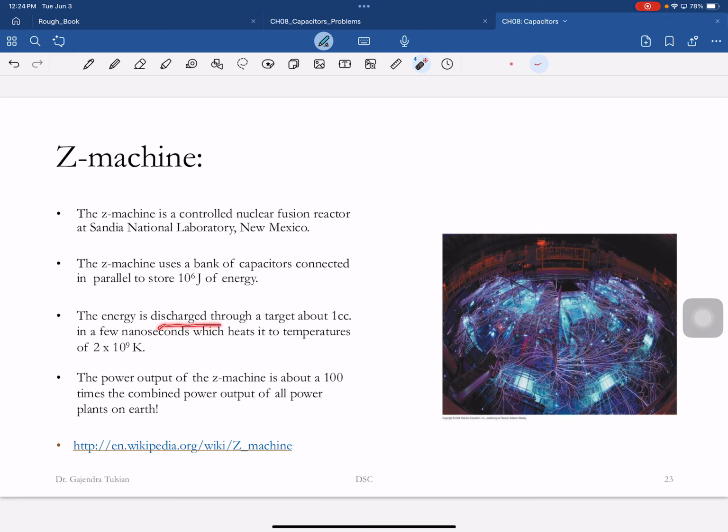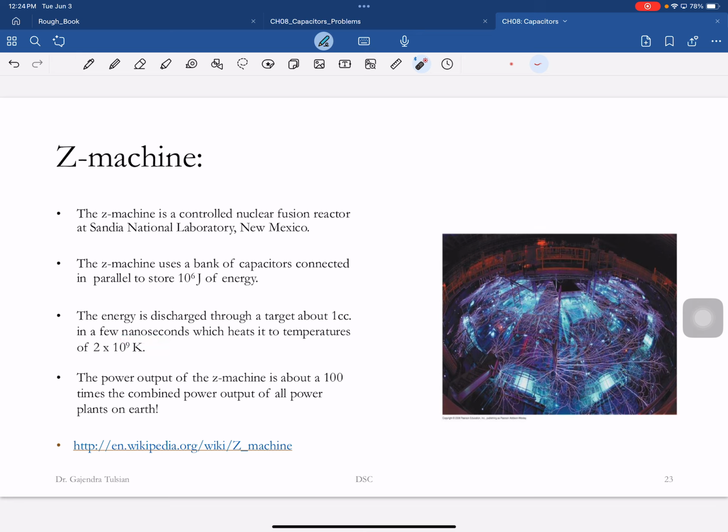The energy is discharged through a target about 1 cc. 1 cc is, hold up your eraser. Half of that is about 1 cc. In a few nanoseconds.